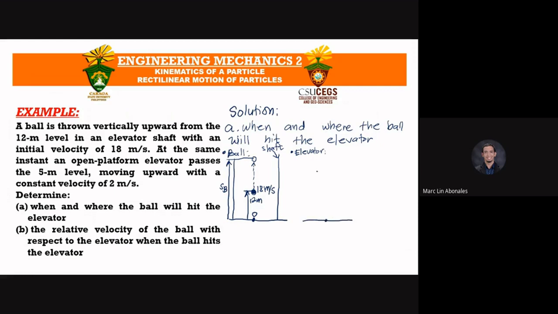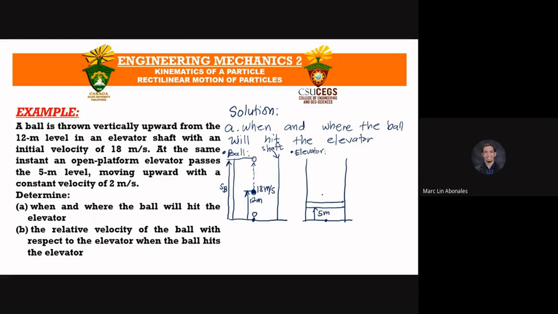So we have the origin, which is the ground, and the elevator shaft. So based on the second statement, the open platform elevator has an initial position of 5 meters. So 5 meters, it measured from the origin.